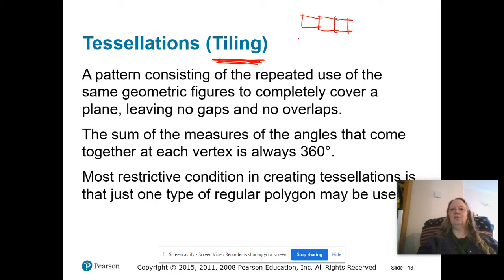I'm not going to have a gap here and then continue with my squares. That's not how floor tiling works. You have tiles that cover the entire floor.